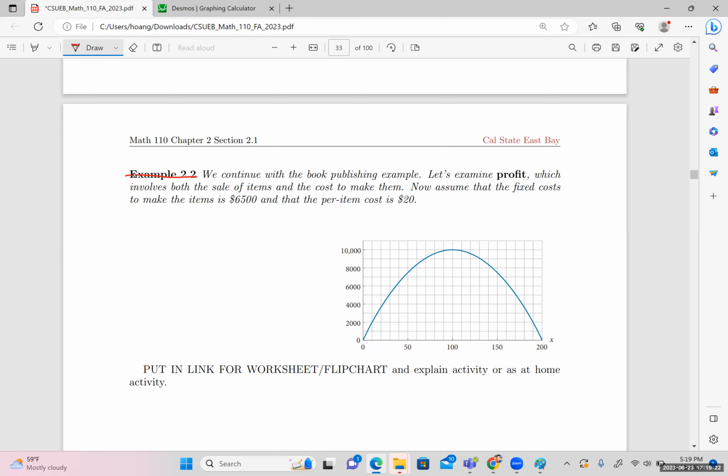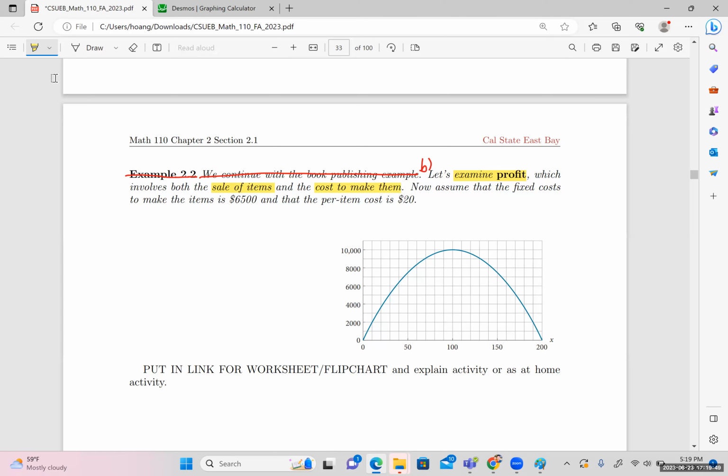So we can just take away these and say part B here, right? Part B wants us to examine profit. It involves both the sale of items and the cost to make them.